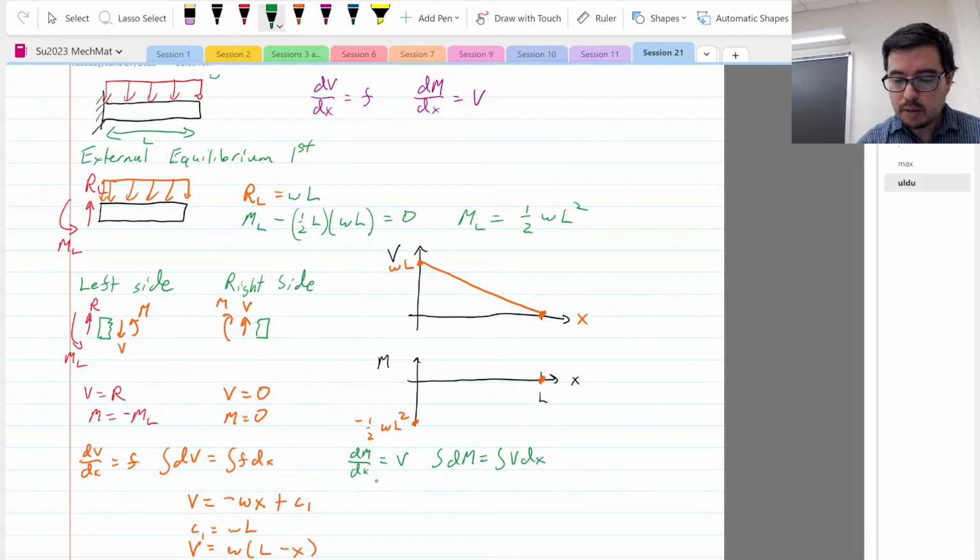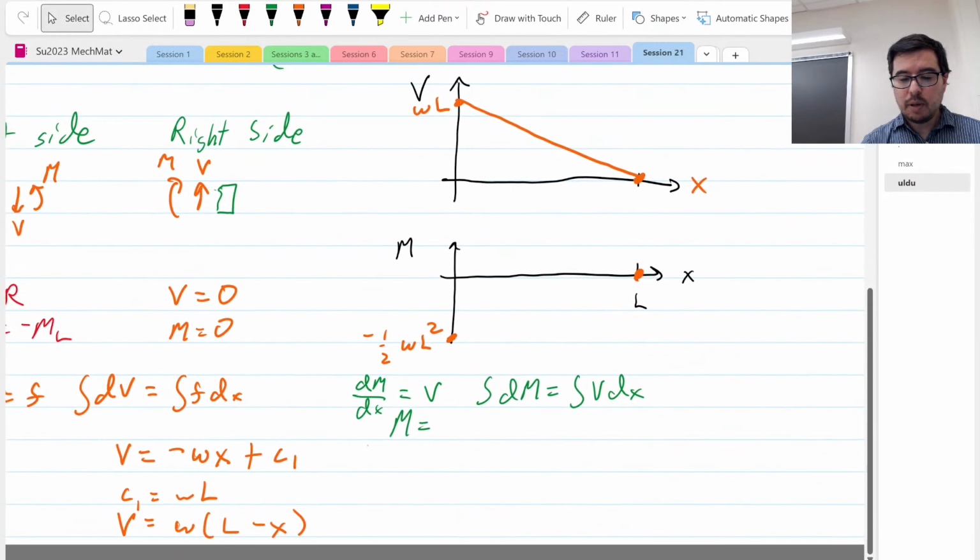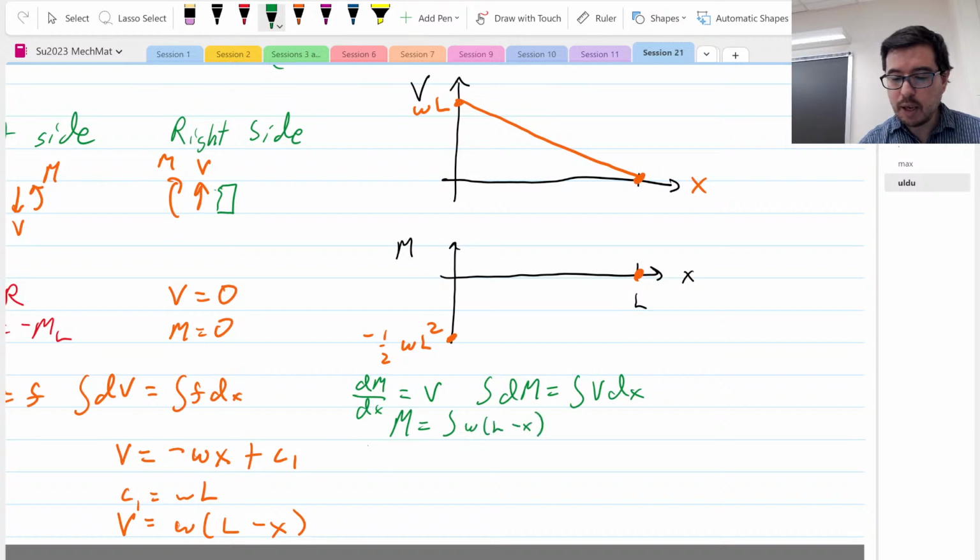M is going to be equal to this integral right here. We're going to integrate this w(L minus x) with respect to x, and it's an indefinite integral. So when we do that, we get wLx minus 1/2 wx squared, and we're going to say plus a C2.